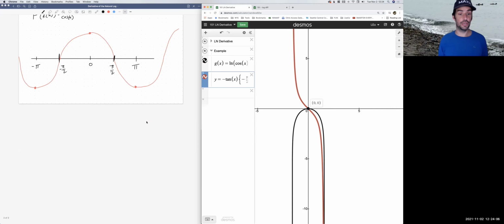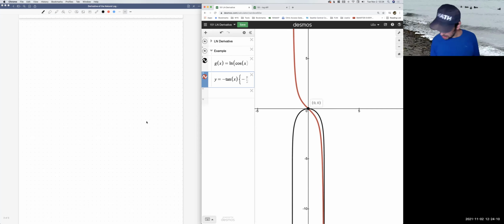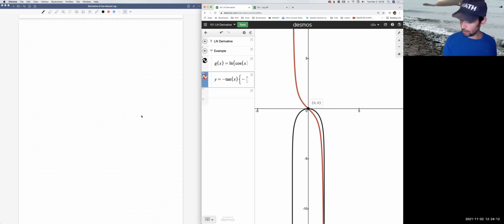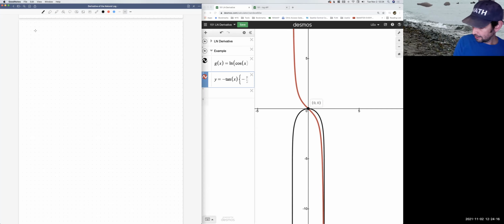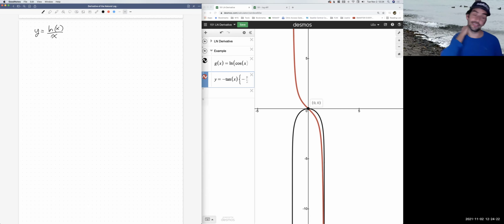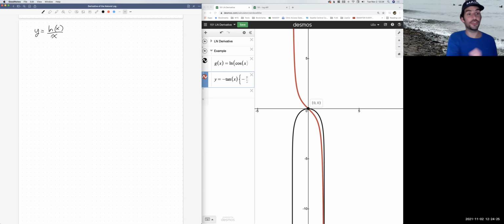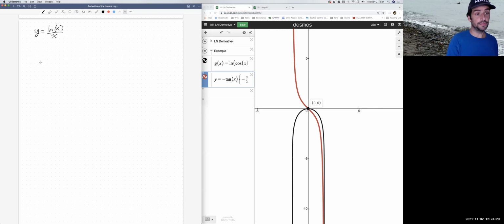Okay, let's do 2 more examples. We'll just do some algebraic derivatives. I won't do graphs for all of these. Let's look at y equals the natural log of x over x. I just want to practice combining this with other rules. Here we are combining with the quotient rule.